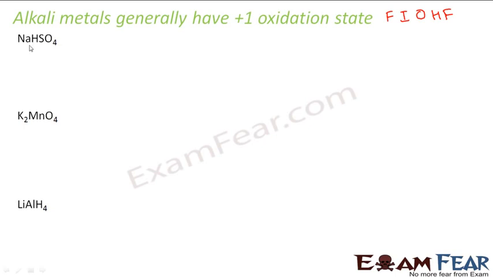The first is for free elements, but there is no free element here, so we can't use this. Next is for ions like Cl2 or Cl minus, F minus ions. There is no ion here, so we can't use this. Next is for oxygen. So for oxygen I have an oxidation number of minus 2. So let's put minus 2 here.